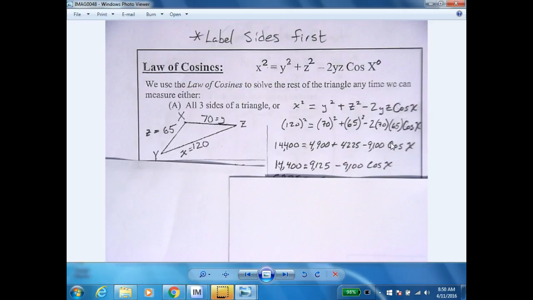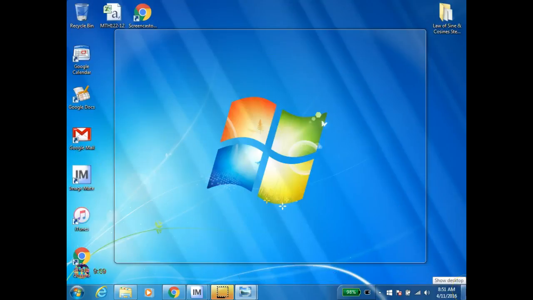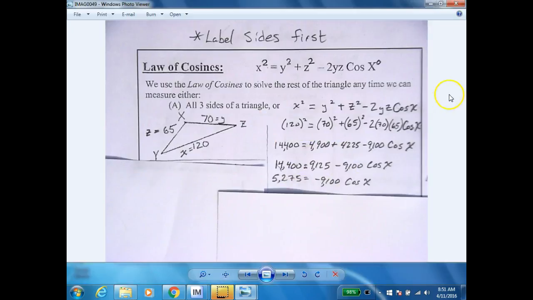Okay, so tell your neighbor what your next step's going to be if that's the case. All right, next step, subtract 9,125 to the other side. How many got it? Okay, remember, you can't put 9,125 and 9,100 together. Okay? What is the next step?